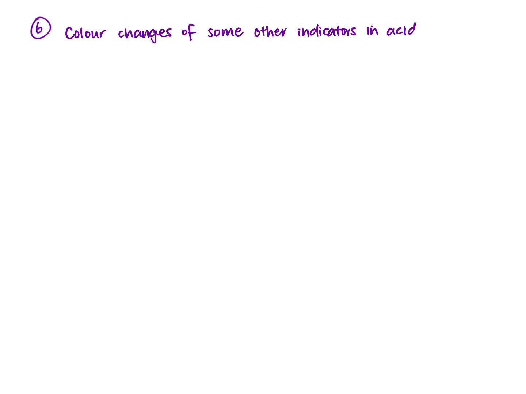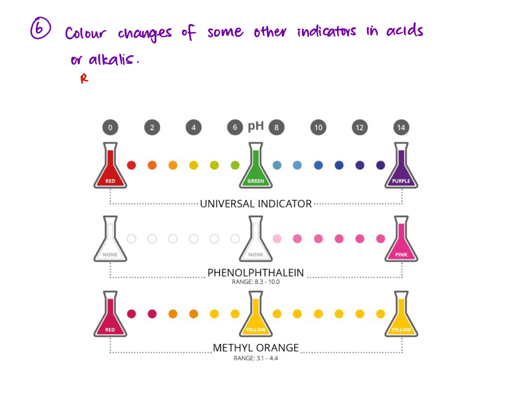So let's look at some of the color changes of some other indicators in acid or alkaline. Okay, I'm adding in the litmus paper. Red litmus paper remains red. Blue litmus paper turns red when its pH is less than 7.